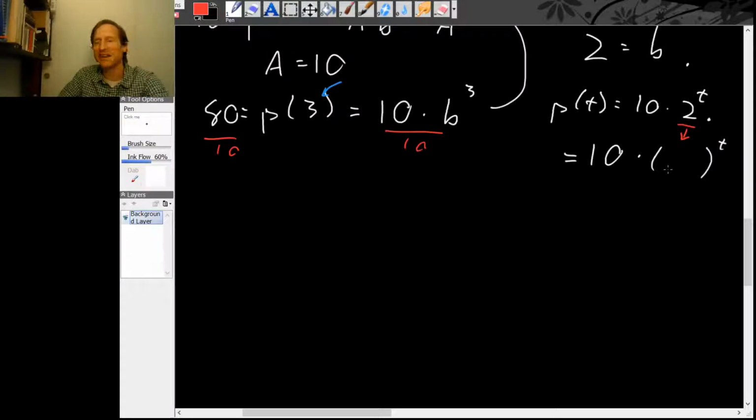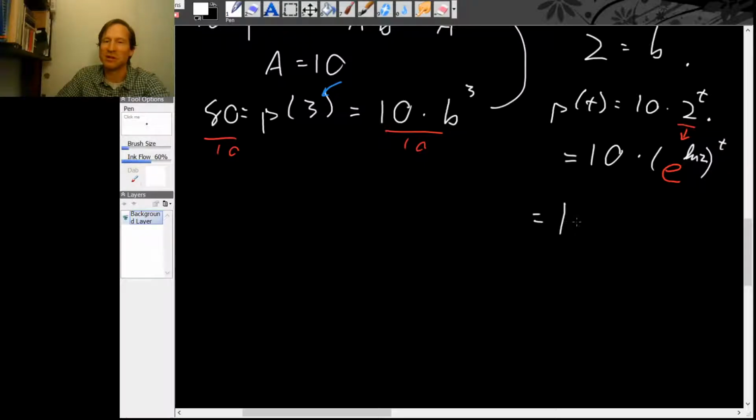And the way to do that is just a little algebra trick. It's e to, we need to put some exponent up here so that e to this power is 2. But we already have a name for that. That's natural log of 2.